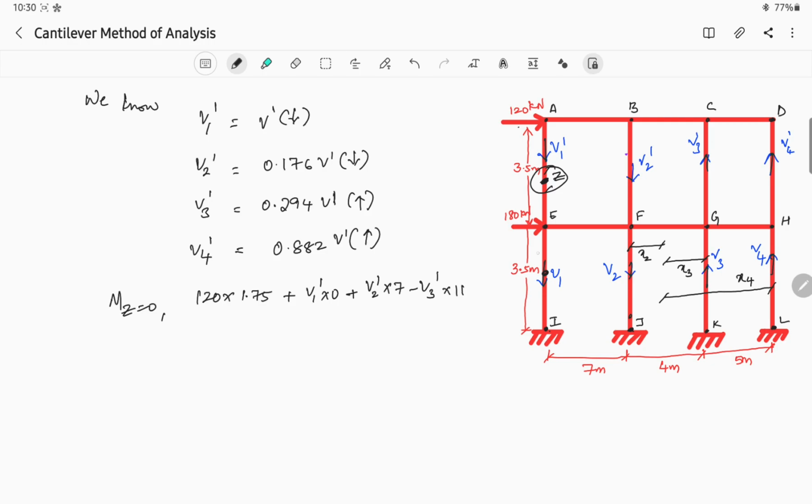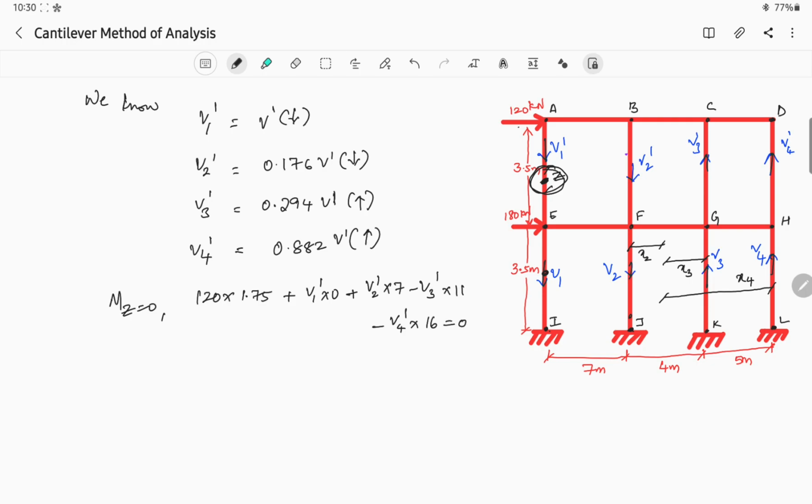Why minus? Because it is going in anti-clockwise direction. If you keep your thumb on point Z and see the force V3 dash, it is going in anti-clockwise direction. Similarly, minus V4 dash into 16 equal to 0.